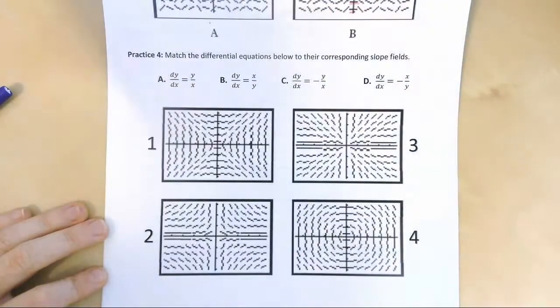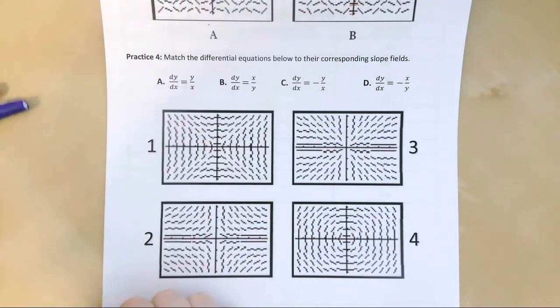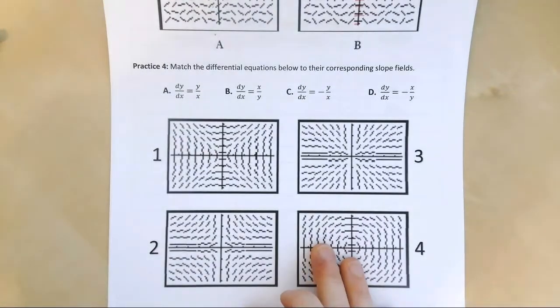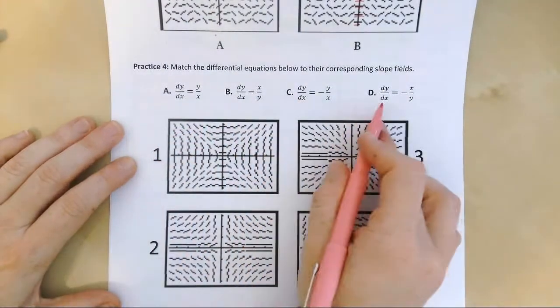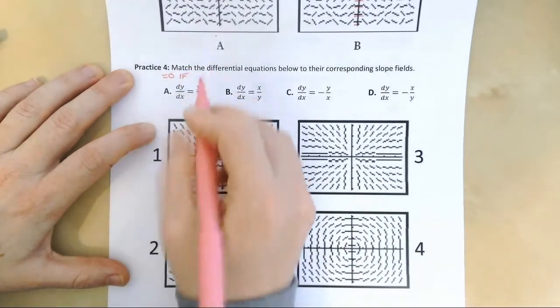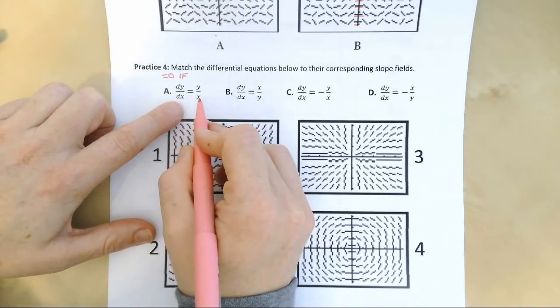Okay, let's see how you did. I'm going to walk through how I would do these. For the first tip or trick, we figure out when these would equal 0. This slope equals 0 if y equals 0.